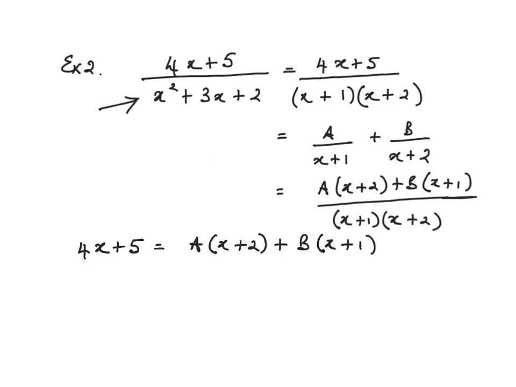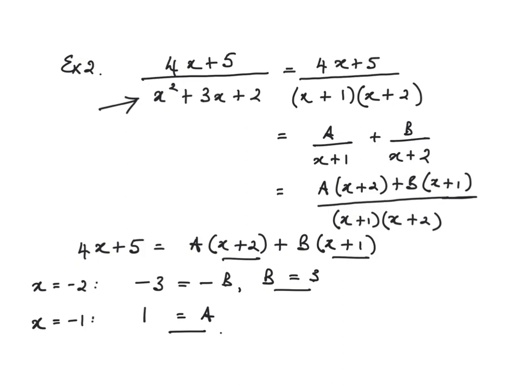So we're going to choose values of x which make these brackets disappear. I'm going to choose x equals minus 2, that'll make the first bracket disappear. 4 times minus 2 is minus 8, minus 8 plus 5 is minus 3. Minus 2 plus 1 is minus 1, so that gives me a minus 1b, which means that b has the value 3. If I next choose x equals minus 1, minus 4 plus 5 is 1, that's what the left hand side gives us, and minus 1 plus 2 is 1, so I have 1a.